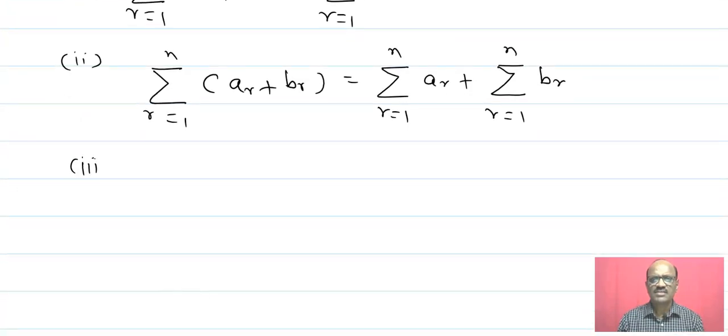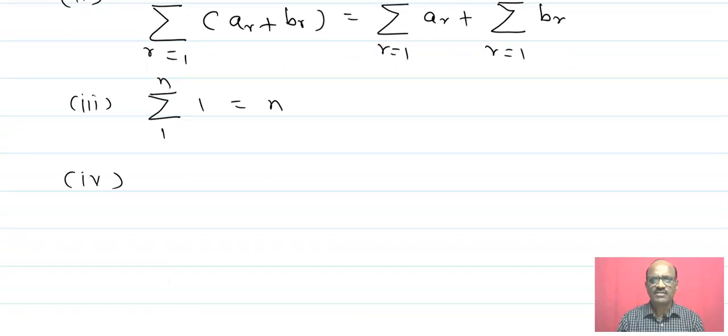Now the third is summation r is equal to 1 to n of 1 is equal to n.